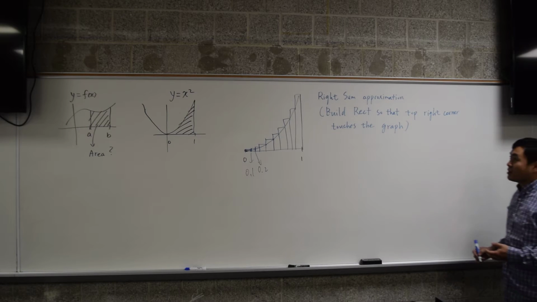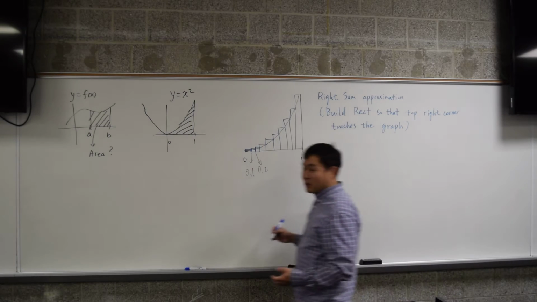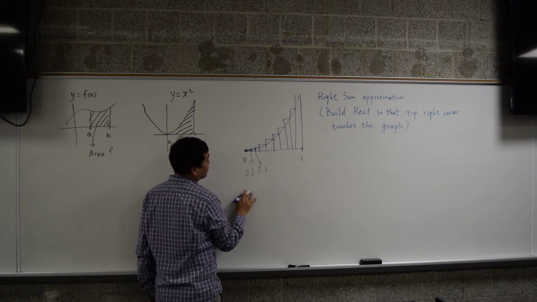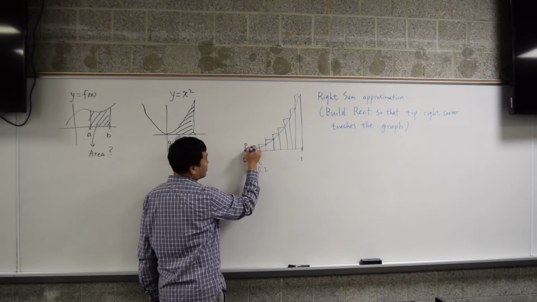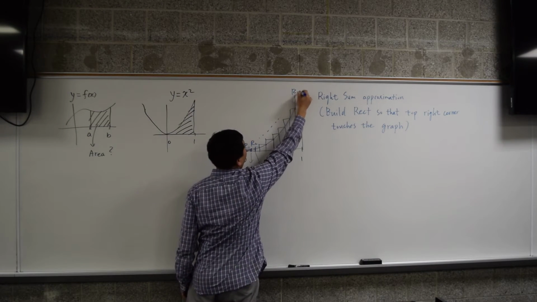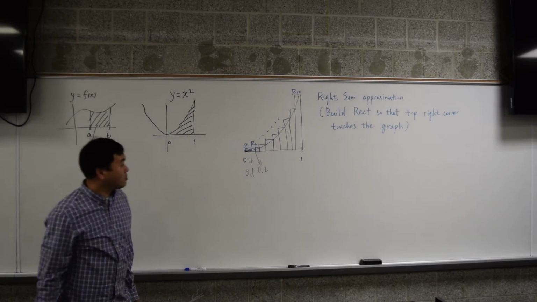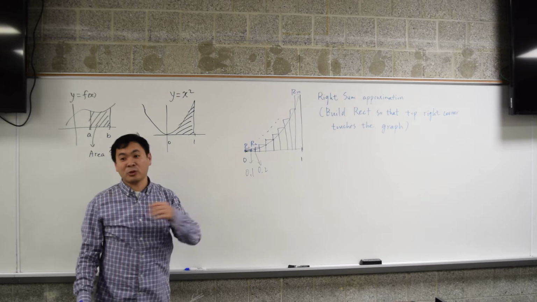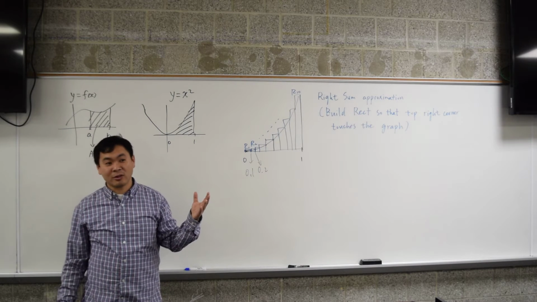Now, let's calculate the area of these things, and I'm going to name them R1, R2, all the way to R10. If we have the areas R1, R2, R3, R4 until R10, and we add them up, what are we going to get?